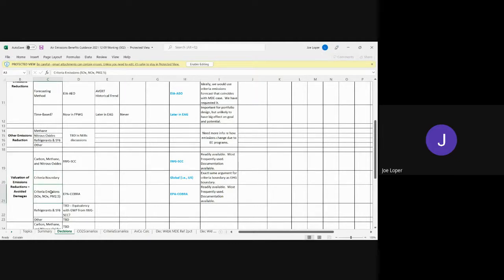So I think we've got good numbers on those. They're readily available and frequently used. In fact, I don't see anybody using any other numbers. There's good documentation from the Interagency Working Group on how they value those emissions.